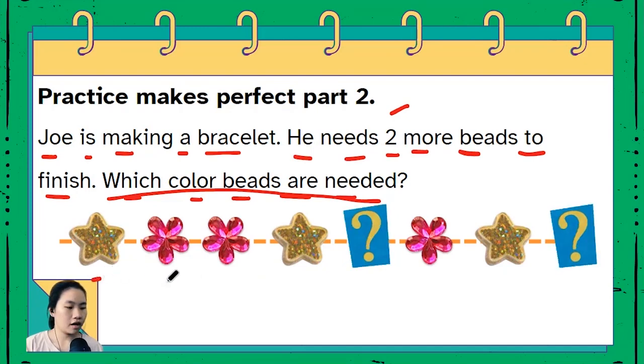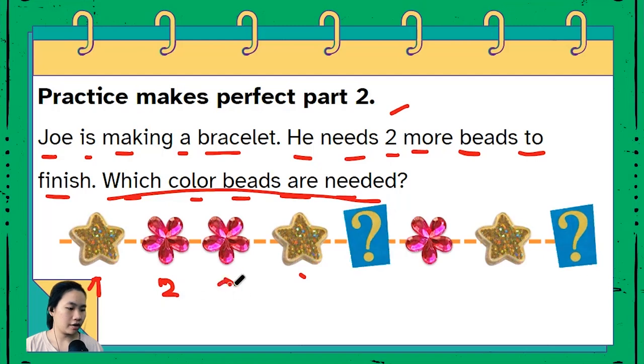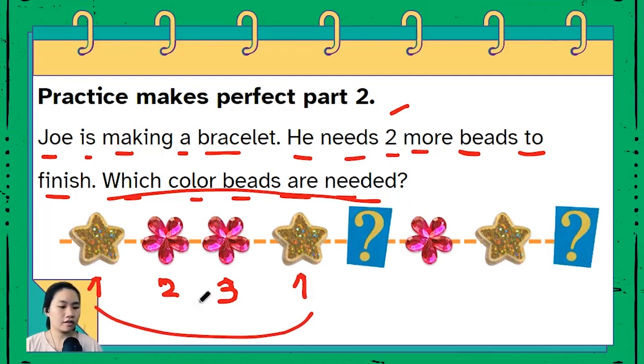We have a star, a flower, and then a flower once again, and then a star. So we obviously have a pattern unit, the pattern unit being star number 1, flower number 2, and another flower number 3. You know this because the pattern starts again at 1, star, star.